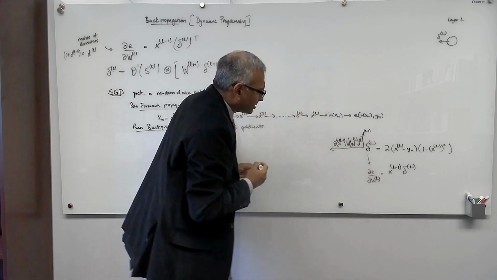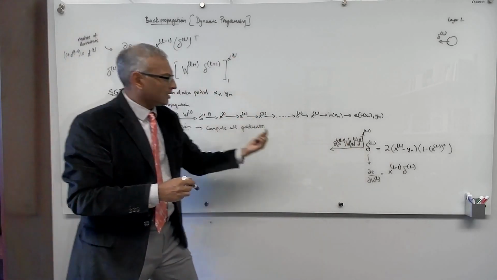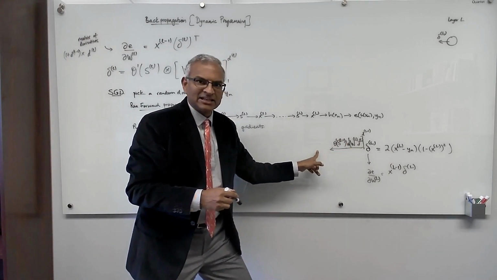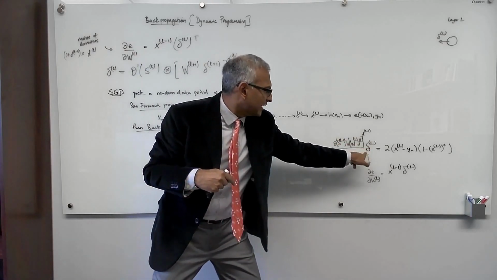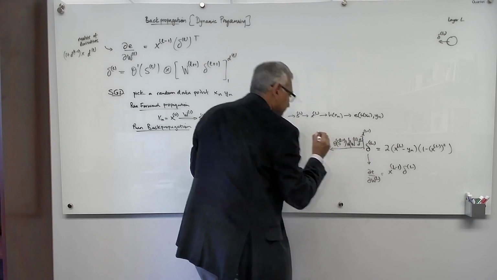It's a little bit cramped, but essentially I'm implementing this formula in order to compute delta L minus 1 from delta L. So this gives me delta L minus 1.